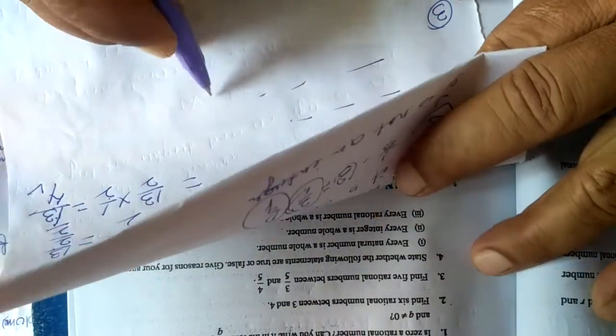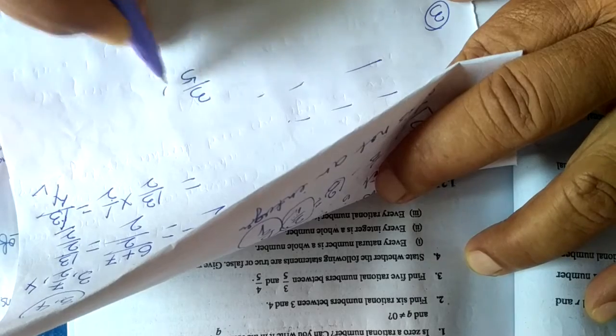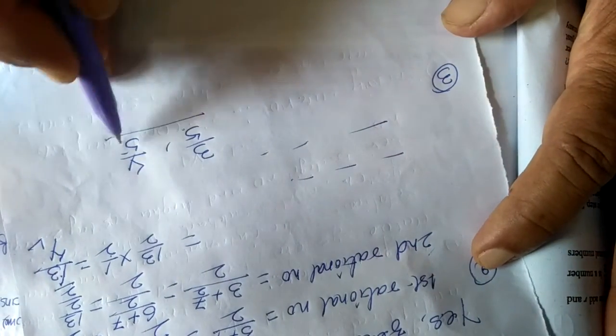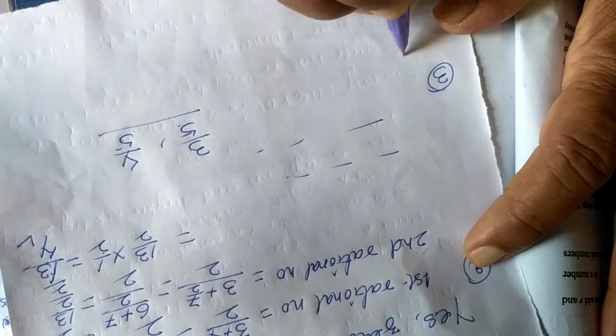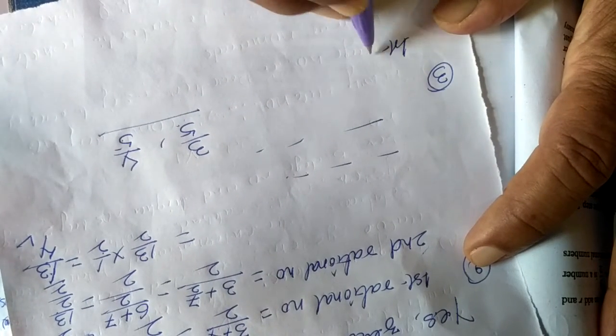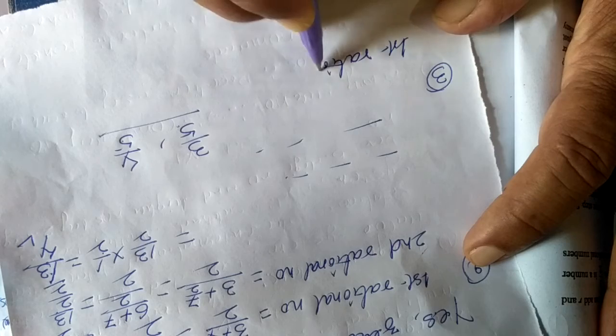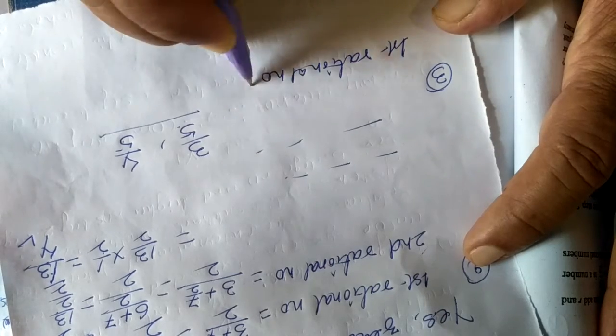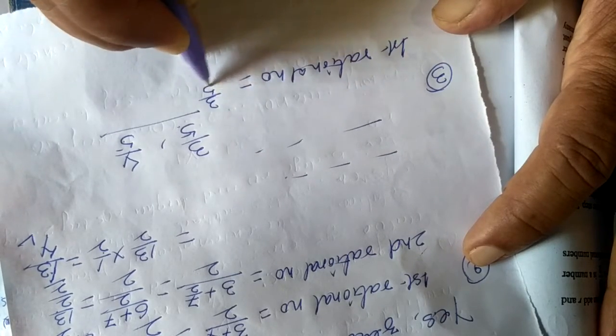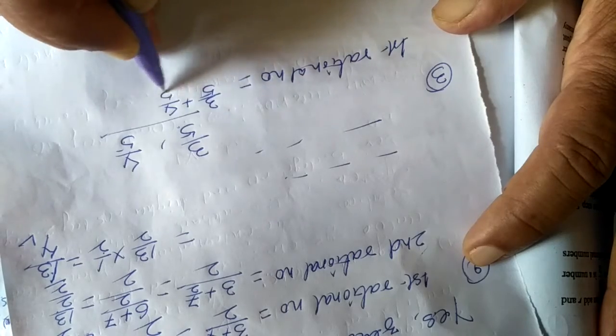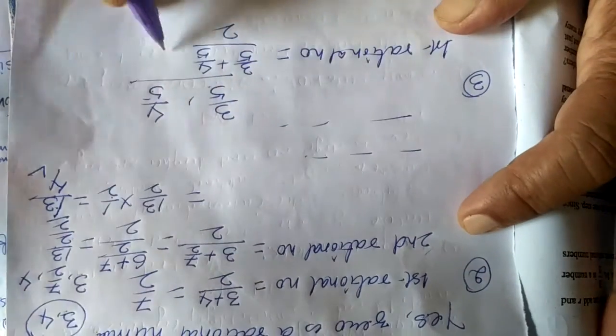So what are the rational numbers given? 3 by 5 and 4 by 5, correct? The first rational number between these will be: we have to add these and divide by 2. What will we get here?